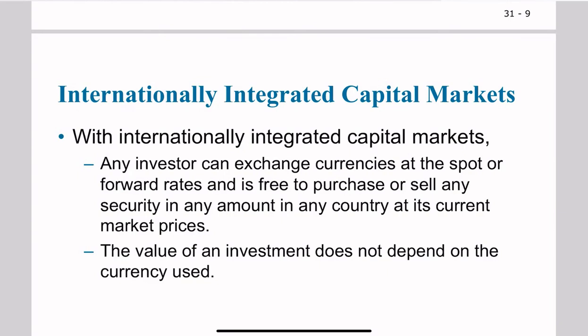And this investor is free to purchase or sell any security in any amount in any country at its current market prices. Then in this case, the law of one price holds, and the value of the investment does not depend on the currency used.